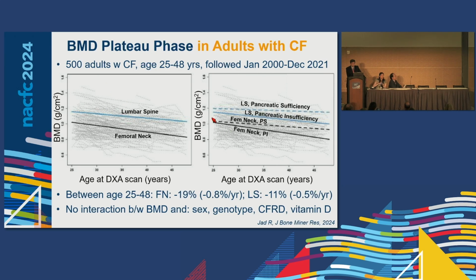So the dotted lines represent patients with pancreatic sufficiency, solid lines insufficiency, and at the lumbar spine you can appreciate the difference, same at the femoral neck. So clearly pancreatic insufficiency contributes to this decline during a period when bone density should be stable.